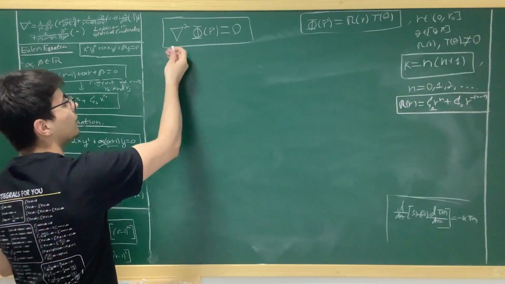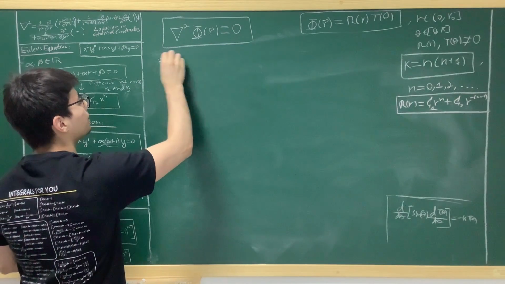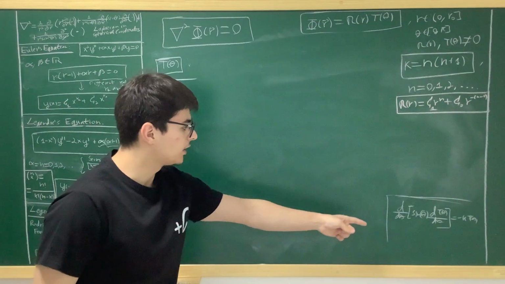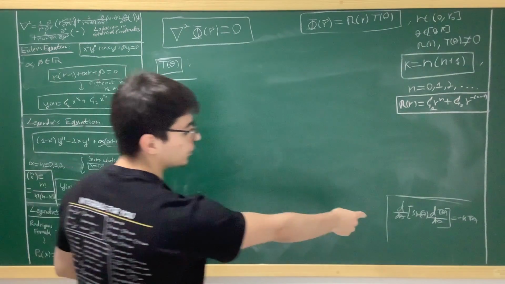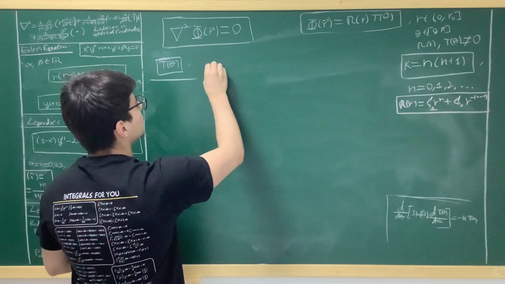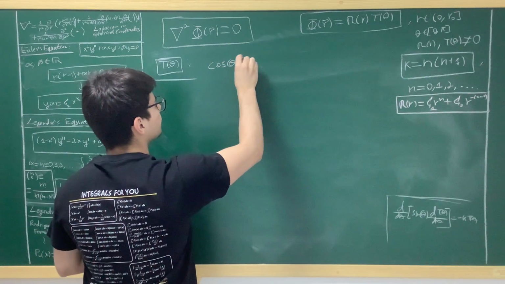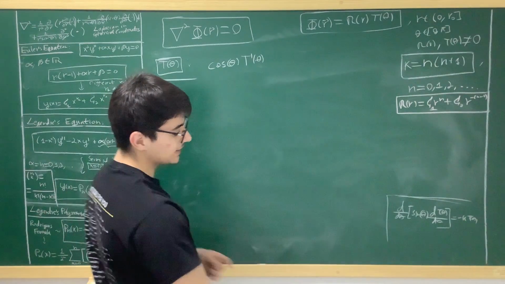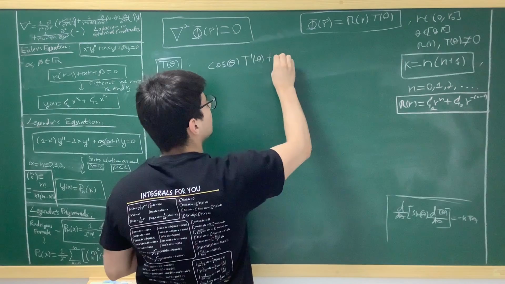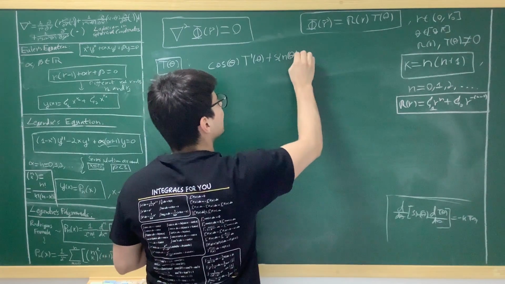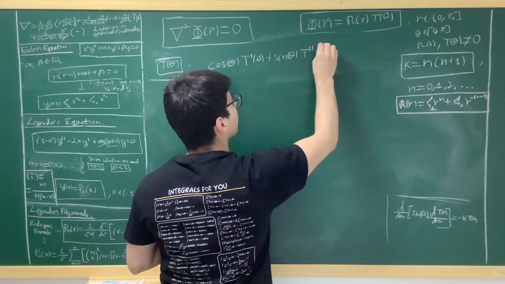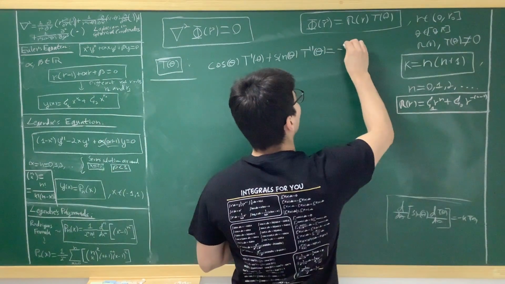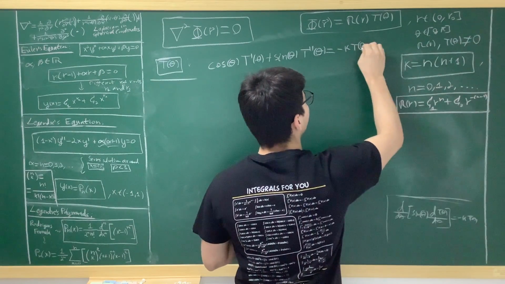Now we have to find our solution T of theta. Well, to find it, we just have to solve that equation. And let me just expand it. So the derivative with respect to theta of this is just, well, the derivative of the first, which is just the cosine, times t prime plus sine, we're not taking the derivative in that term now, times t double prime. And this is equal to minus k, which is constant, times t.